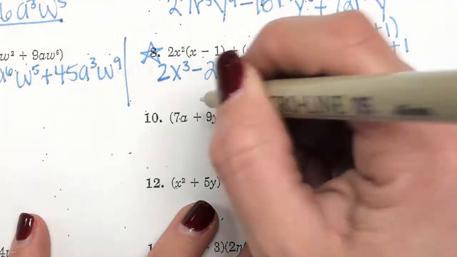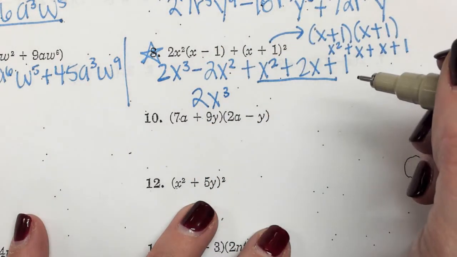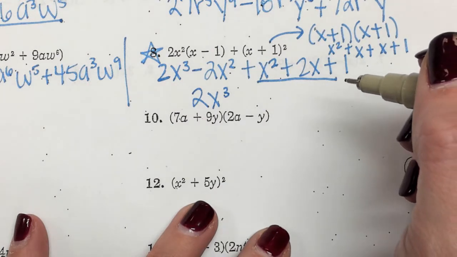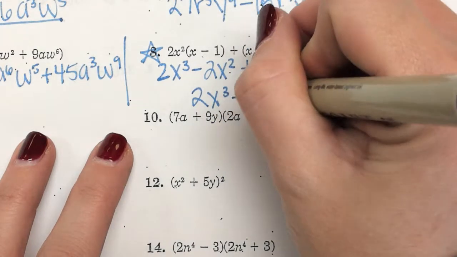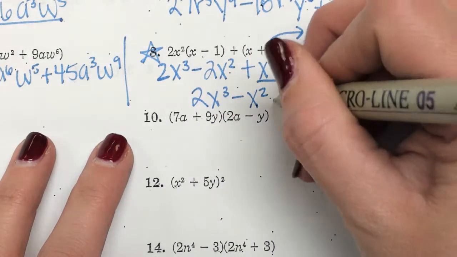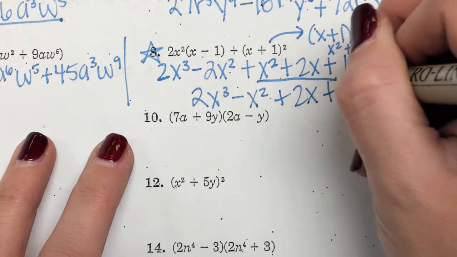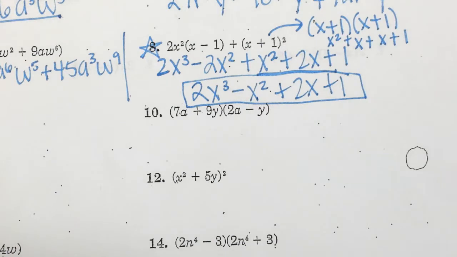X to the 3rd, 2x to the 3rd, minus 2x to the 2nd, minus x squared. Go ahead. Good. Questions?